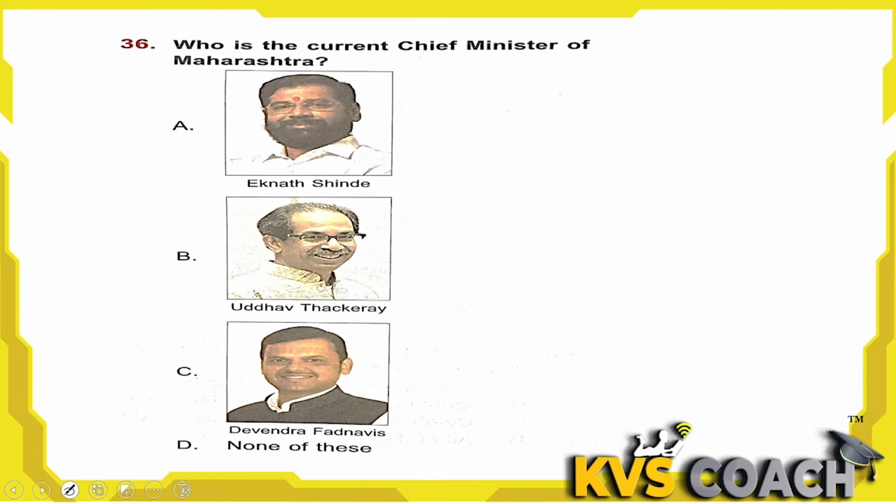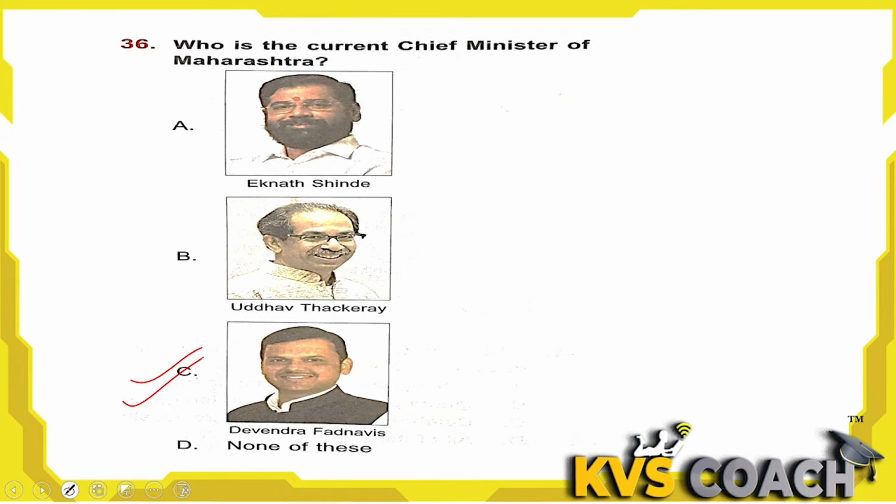Next is, who is the current Chief Minister of Maharashtra? The current Chief Minister of Maharashtra is Devendra Fadnavis. Here you can see the right answer in your books is option A, Eknath Shinde. For last year, in 2024, the right answer was Eknath Shinde.